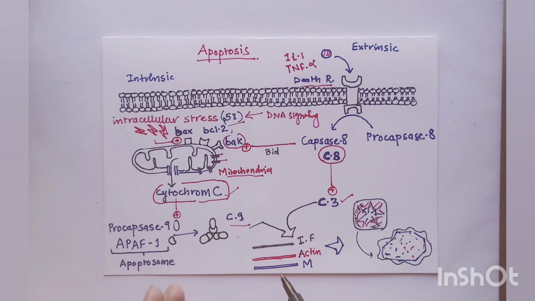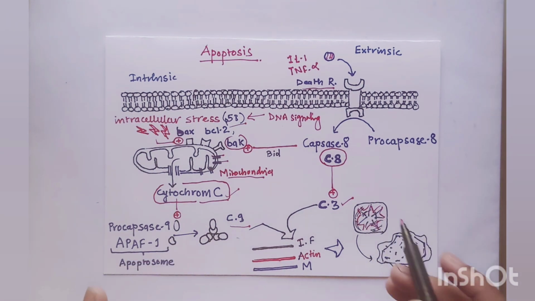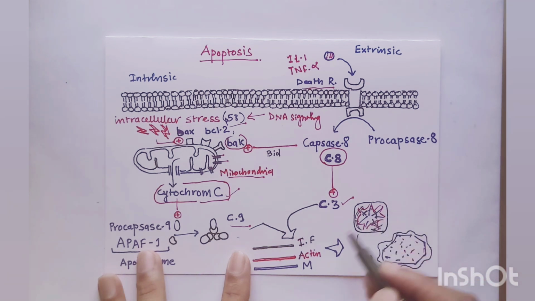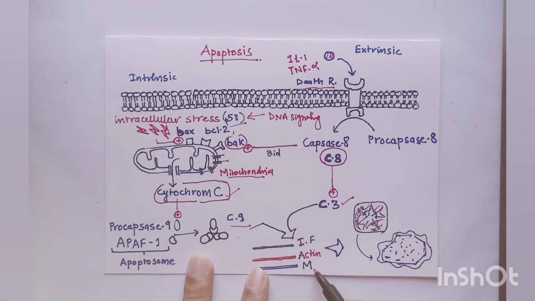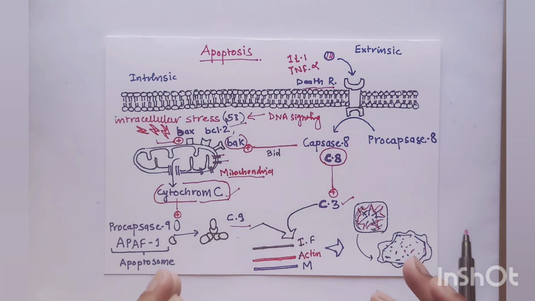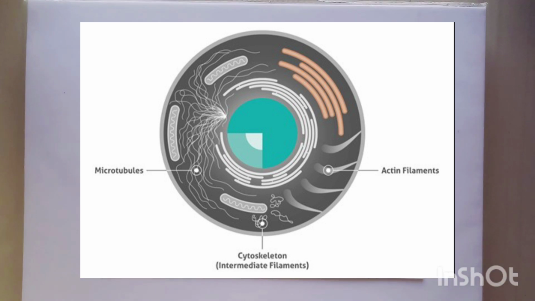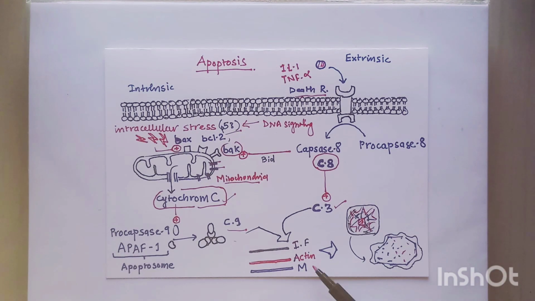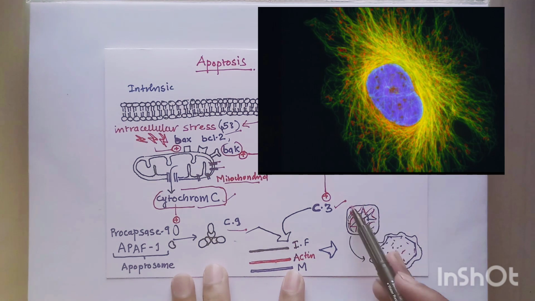Now these microfilaments are actually the structural pillars of the cell. These are intermediate filaments, actin filaments and microtubules. These cytoskeletal filaments provide structural integrity to the cell structure as well as the cell membrane.